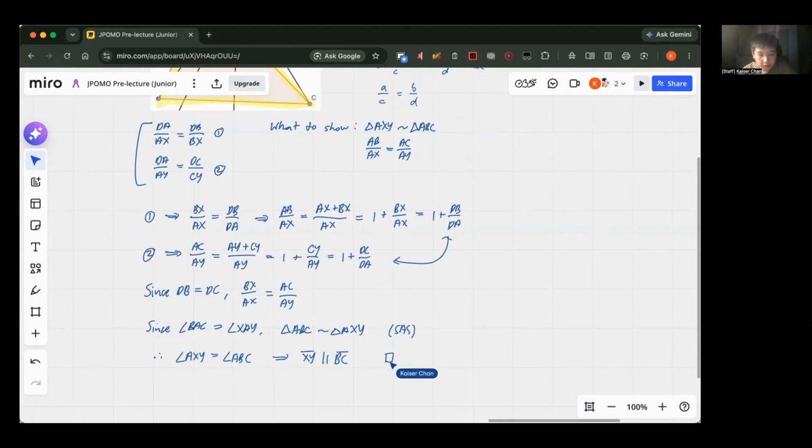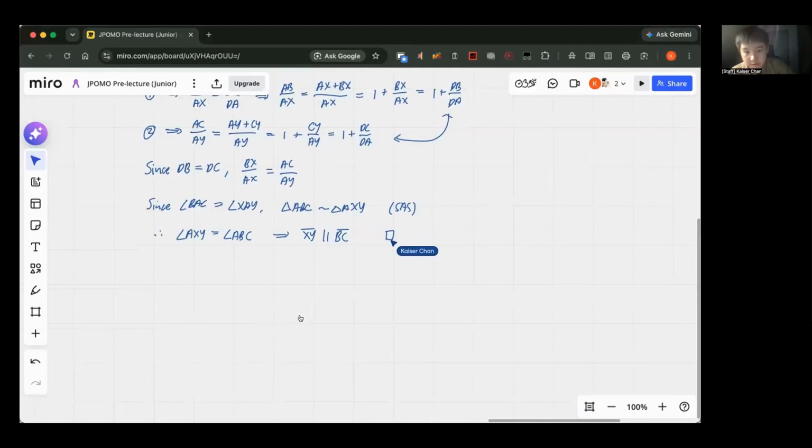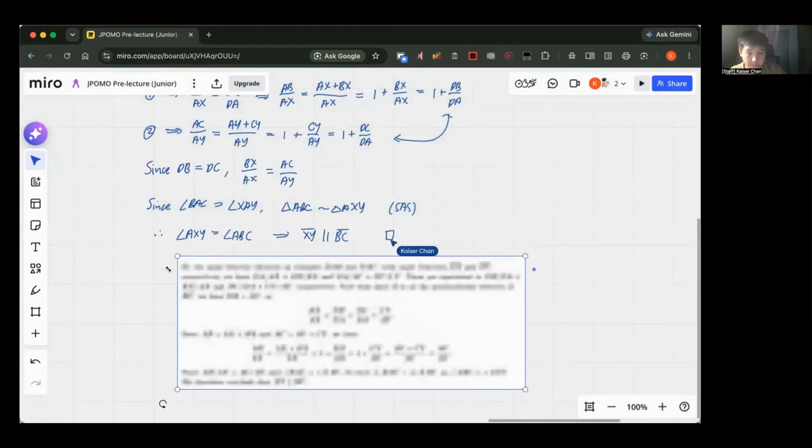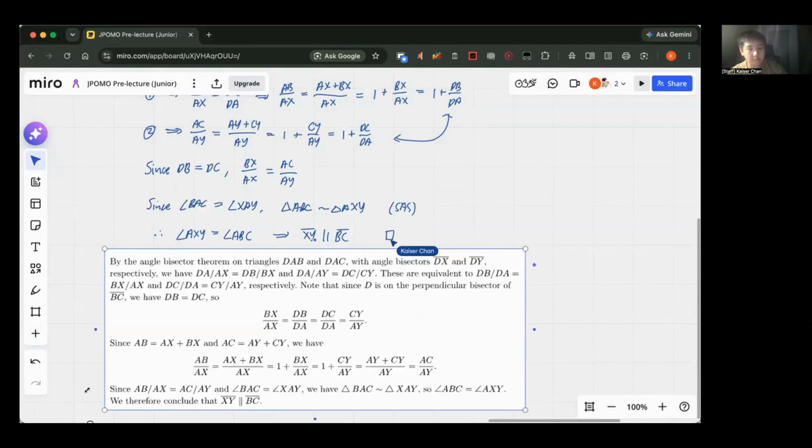Any questions? I'll show an example of a fully written proof for this question. You guys might want to take a screenshot, but it will also be uploaded in the sample problems document maybe later or tomorrow.